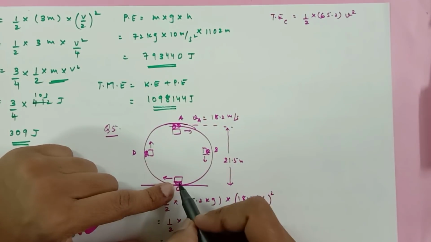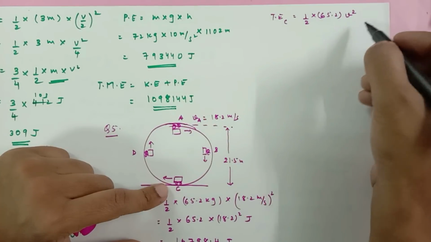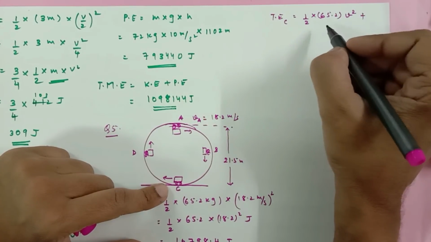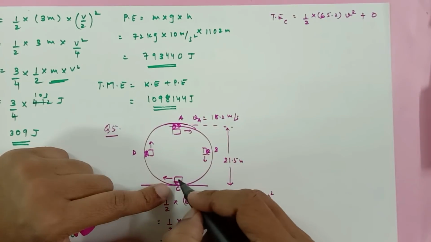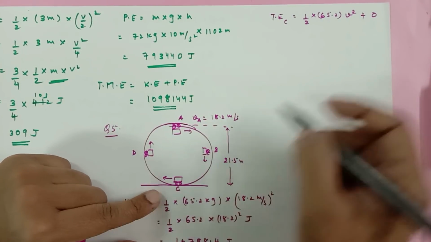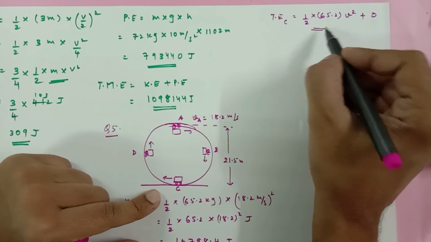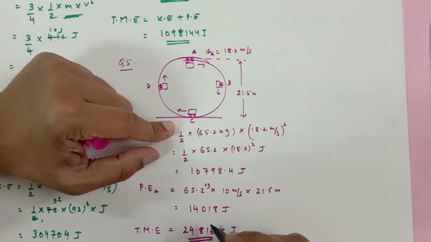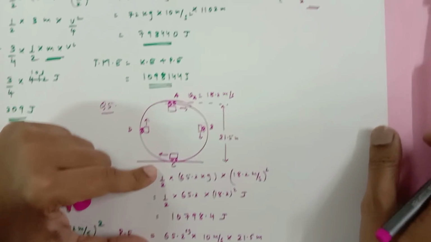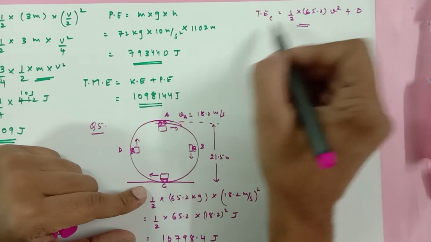We don't know what is the speed at point C, so I am assuming that is v, plus potential energy would be 0 because it is on the ground, so height is 0, so at point C potential is 0. But this energy and this energy are same because the total energy at all points are same only. So I am going to equate that.